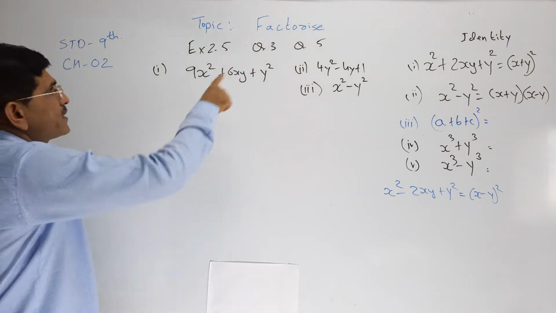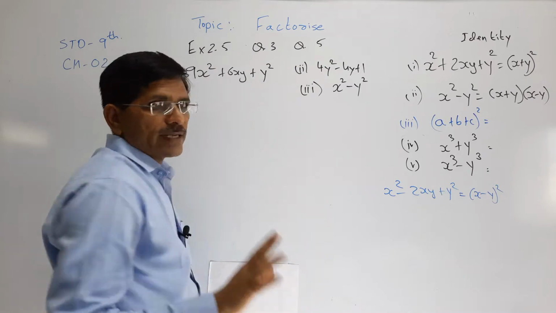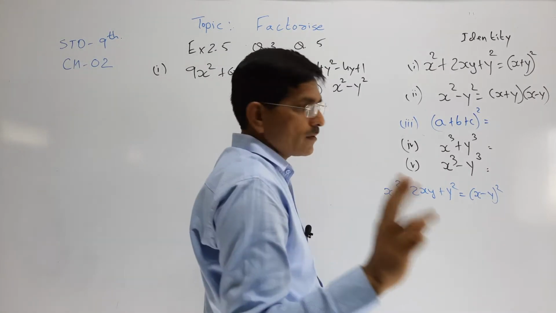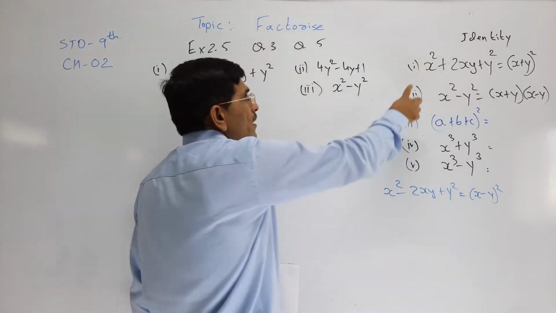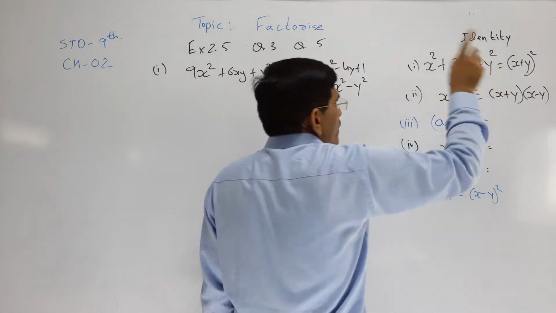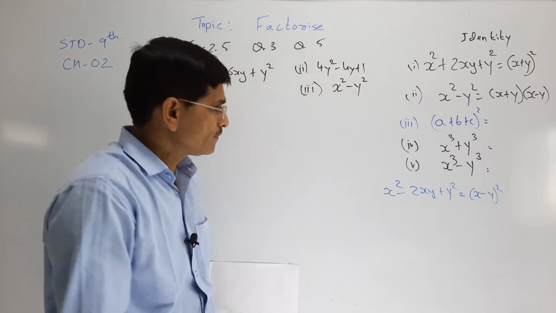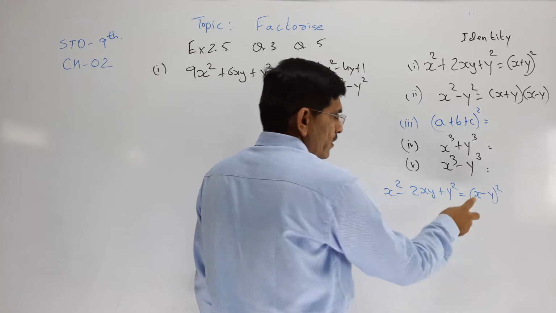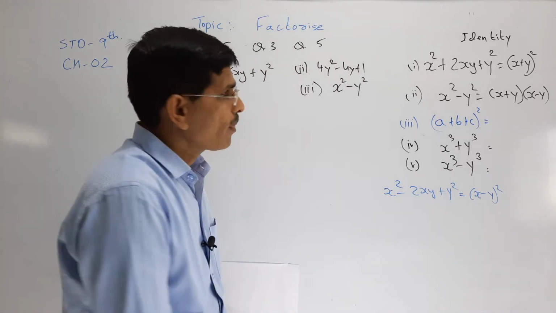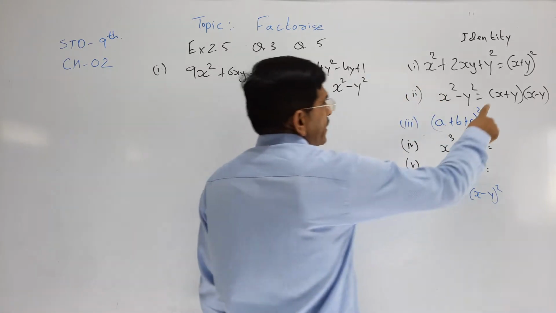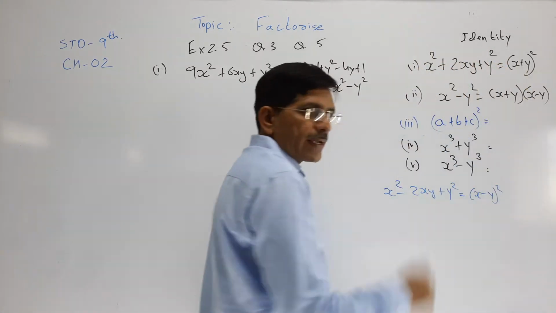In question number 3, there are 3 questions that I want to discuss. To solve all these 3 questions, we must know these identities: x square plus 2xy plus y square is equal to x plus y whole squared; x square minus 2xy plus y square is equal to x minus y whole squared; and x square minus y square is equal to x plus y times x minus y.